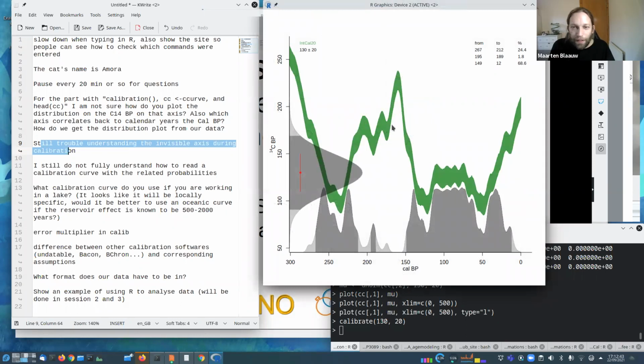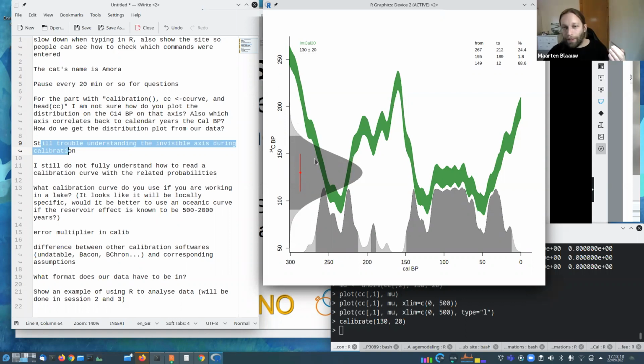Now, the next question has to do with this invisible axis. We've got quite a complicated graph here. On the main vertical scale we have radiocarbon years, and it's this green curve which shows the radiocarbon years, the calibration curve. The main horizontal scale is calendar years, years before AD 1950. Then we've got these weird gray distributions.